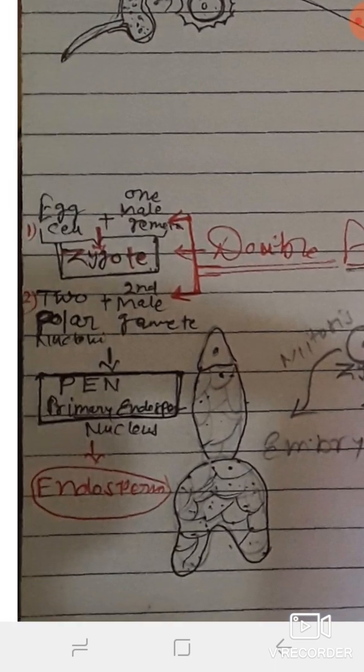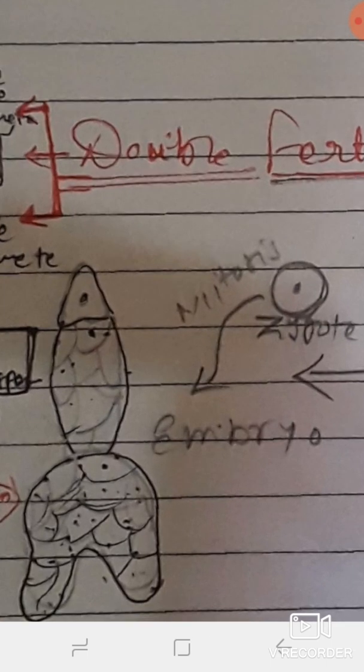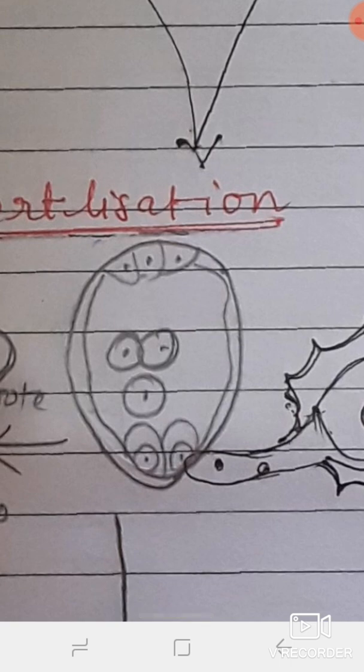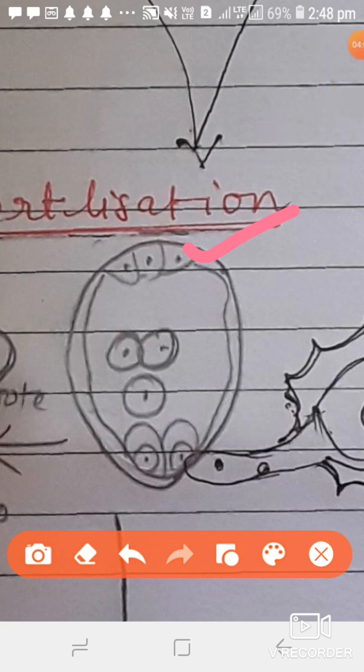As you can observe here, the structure of the embryo may be different, and here you can observe the condition of the mature ovule, the embryo sac. The embryo sac contains various parts. What are the names of these structures?